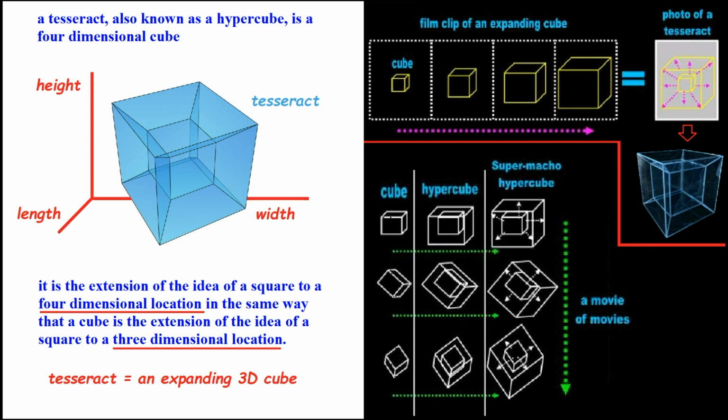But the nonsense doesn't stop there. It continues, and you can see it on the left-hand side of the black region there. You can see the cube is expanding, becomes a hypercube and a super macho hypercube. Now they're going to take that super macho hypercube, which is a frame that includes the first and the last frame. They're going to superimpose those two cubes. And now they're going to twirl that movie that's synthesized in one frame.